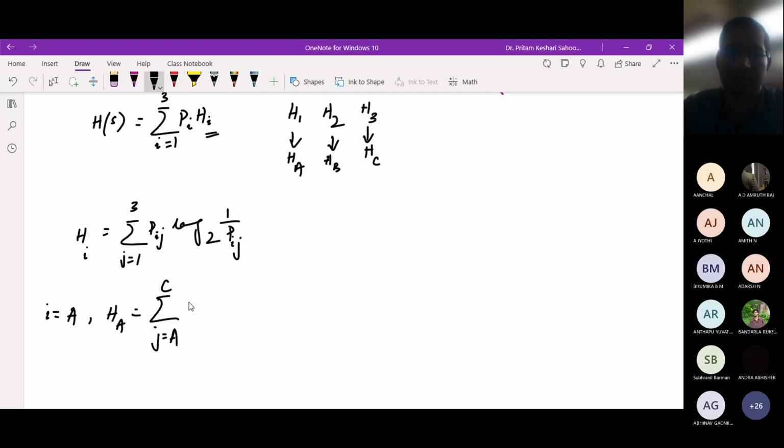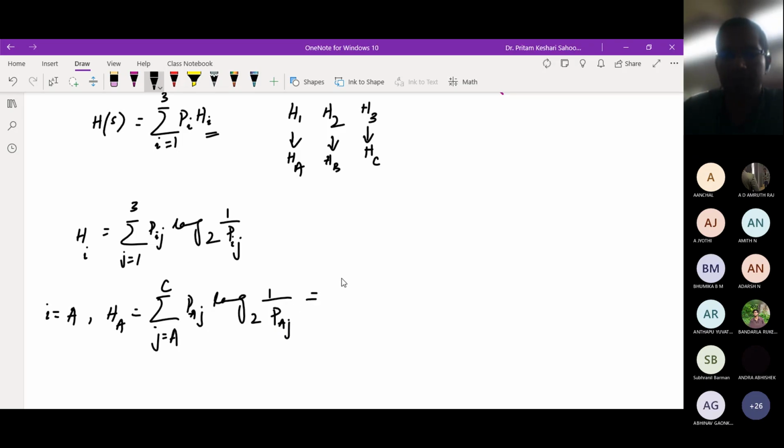That is the reason. So P of A, j, because in place of i we have written A, so A and j, log base 2 of 1 divided by P of A, j.